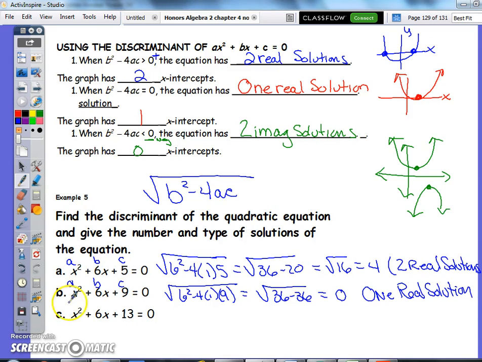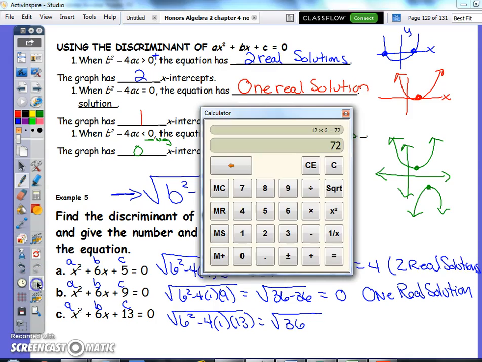Then the last case, where A is 1, B is 6, C is 13, we're again just doing the discriminant, which is this formula right here. 6 squared minus 4 times A times C, which is 13. So you get 36, minus 13 times 4, which is 52.